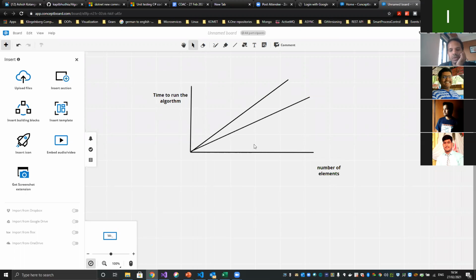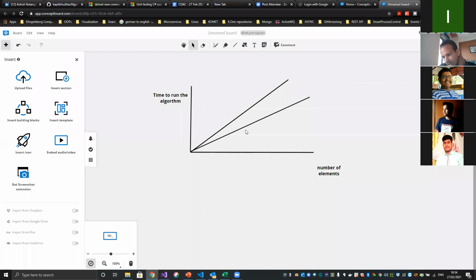As the number of elements increases, if you scale your imagination, this line is infinite, and the corresponding time also increases. If the number of elements is, let's say, 4, the amount of time taken is this.